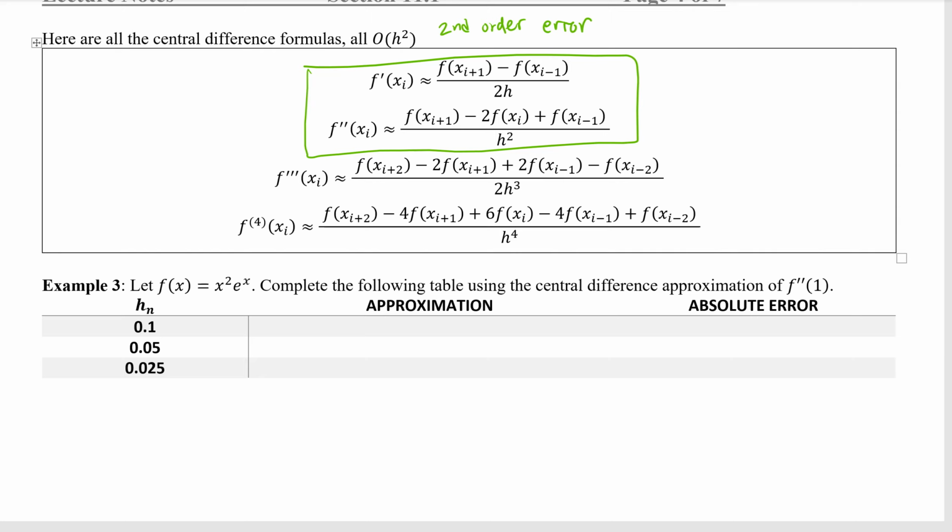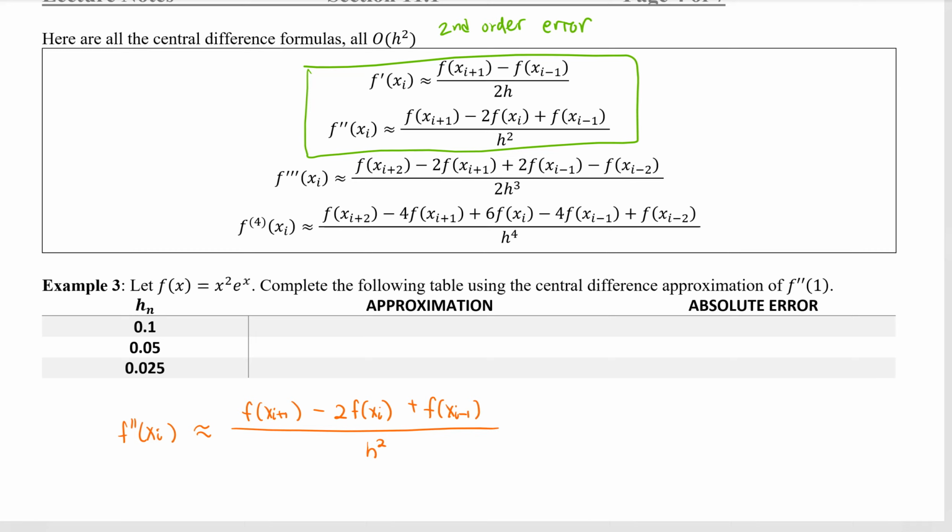Okay, so let's figure out what the formula is going to be. So f prime prime of xi is approximated by f of xi plus 1 minus 2 f of xi plus f of xi minus 1 all over h squared.